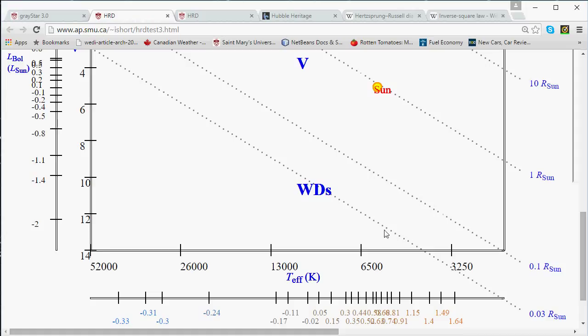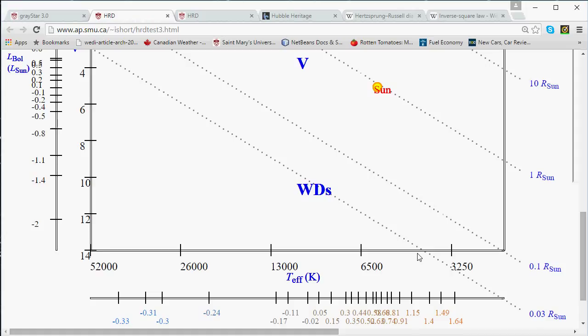Over here on the right hand side of the diagram, where stars have effective temperatures of say only 4 or 5,000 Kelvin, a difference between two stars of 1,000 Kelvin is a big deal. A 5,000 Kelvin star is quite a bit different from a 4,000 Kelvin star. Those are two very different objects with quite different properties.